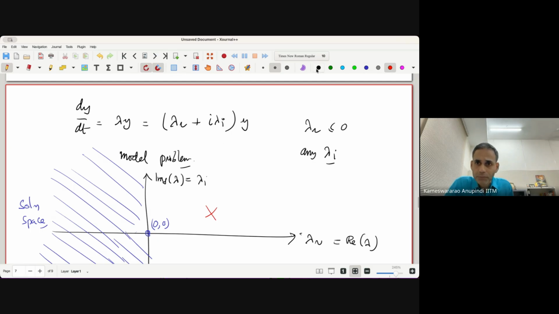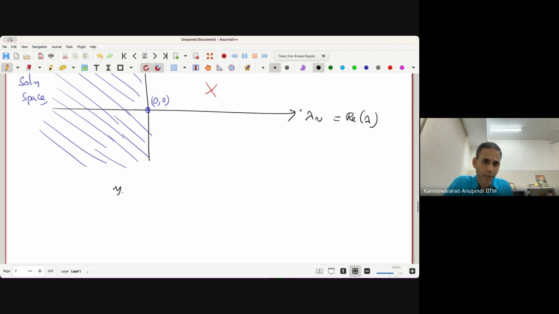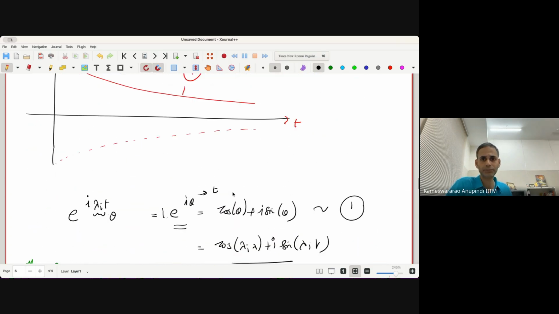Then in this context, let's go back. We have written y_{i+1} equals y_i times (1 plus lambda h) for the explicit Euler method.